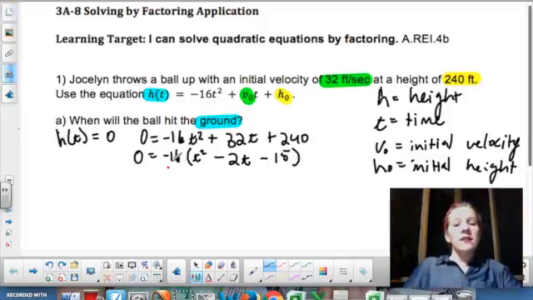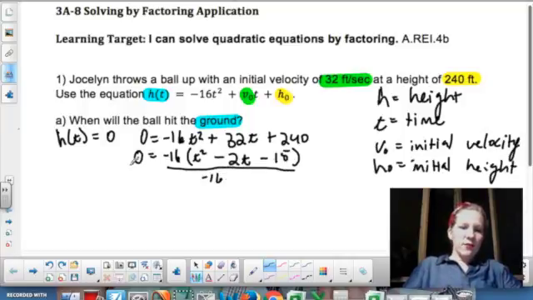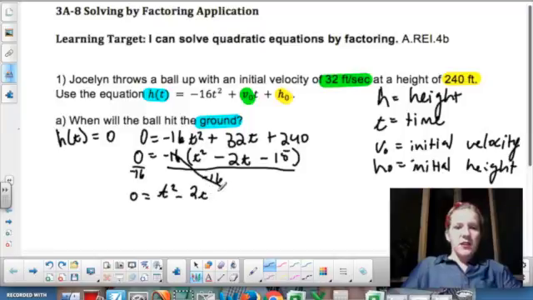So now I'm ready to divide off that common factor so that it's out of my way while I'm factoring. I'm going to divide both sides of my equation by negative 16. 0 divided by negative 16 is 0, and over here, those cancel each other out, and I'm just left with a nice, easy to factor t squared minus 2t minus 15.